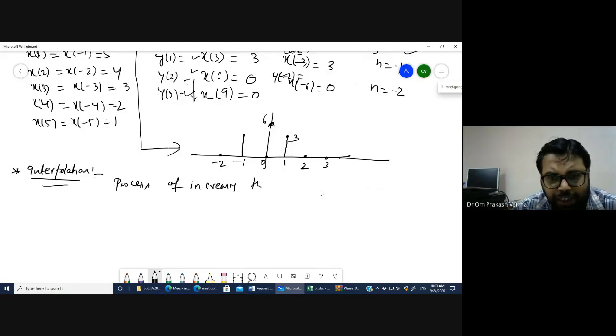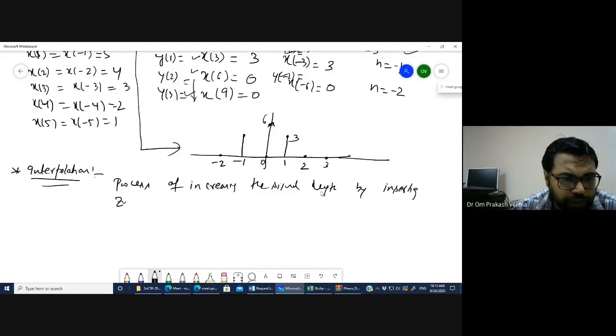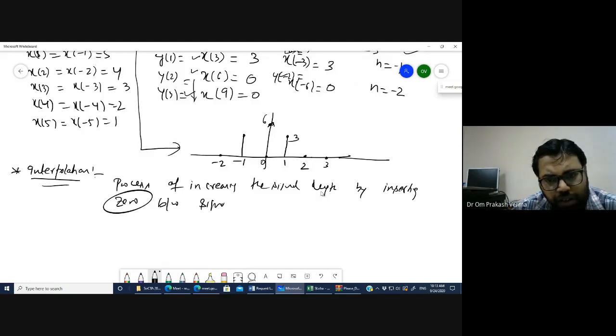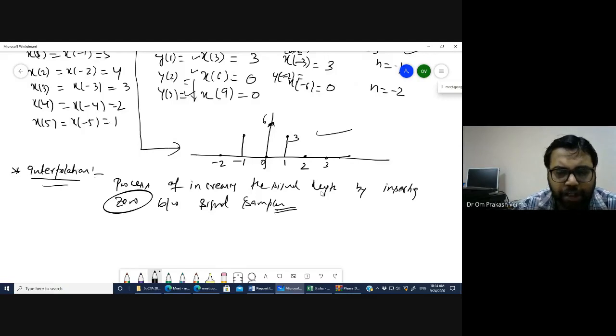How is the signal length increased? By inserting 0 between signal samples. So in decimation we are discarding the samples, and here we are inserting zeros in between the samples.